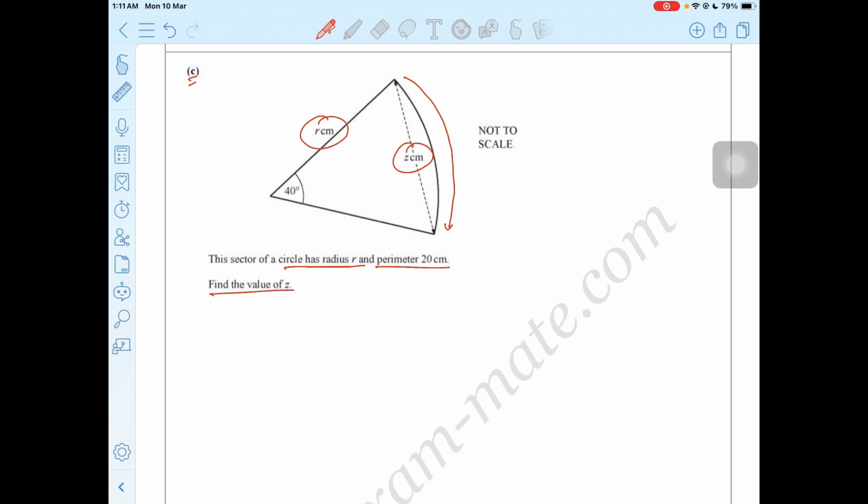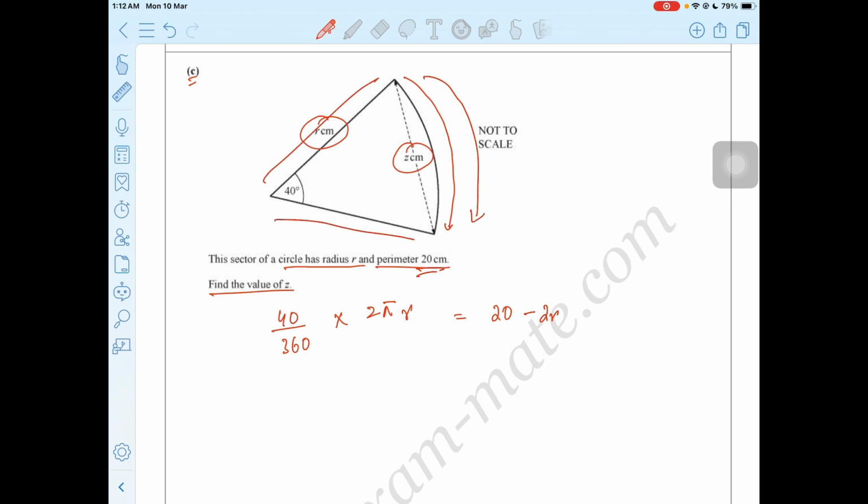So we have 40 over 360 multiplied by 2 pi r is equal to 20 minus 2r, because this 20 involves this length of r and this length of r.